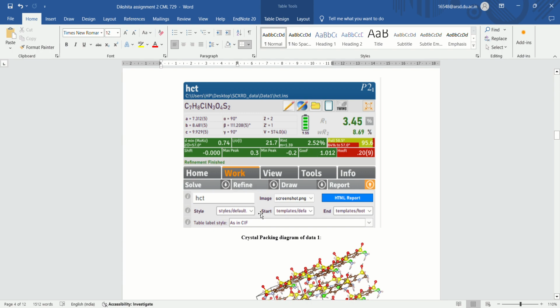Then to generate the CIF file, we go to Work, then Refine, click on this symbol, and then click on ETA, then CIF file. Then we click on Report and also generate the HTML report, and the zip file will also be saved in the folder.